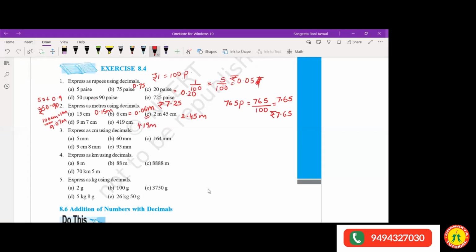Now express as centimeter using decimals. Now 5 millimeter, you will be converting this to centimeters, right? Millimeter is a smaller unit. You are converting it to a bigger one, centimeter.